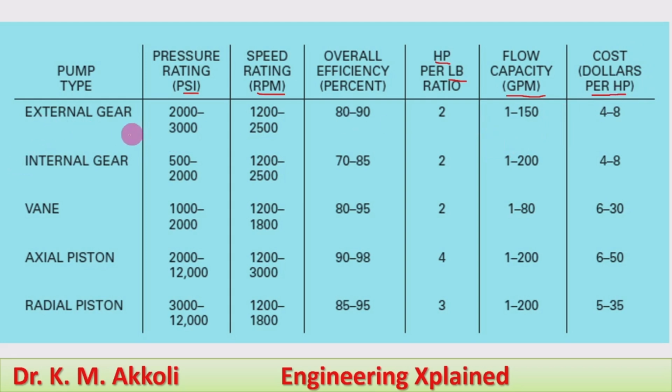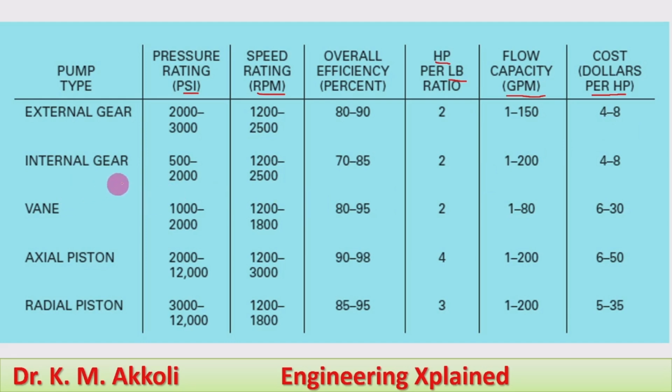First we'll take the external gear pump. Its pressure rating varies from 2000 to 3000 psi, speed rating 1200 to 2500, overall efficiency is 80 to 90%, hp per lb is 2, flow capacity is 1 to 150 gpm, and cost is $4 to $8 per hp.